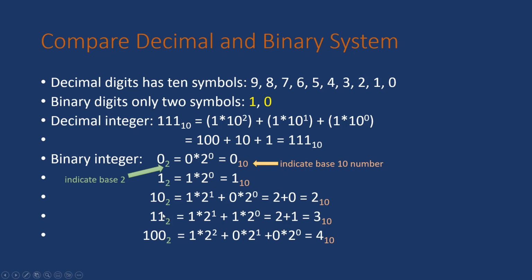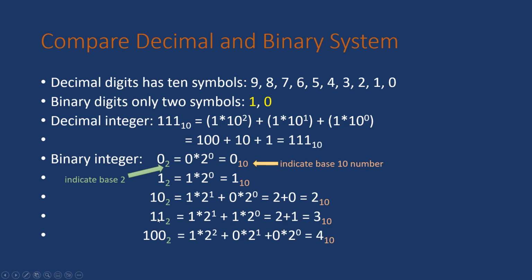Another example: 11 in the binary number. The first digit from the right is 1 multiplied by 2 to the power 0, which is 1 multiplied by 1, so that is 1.